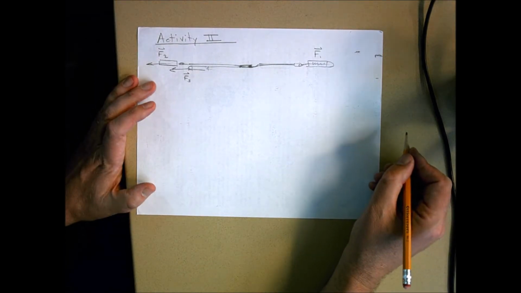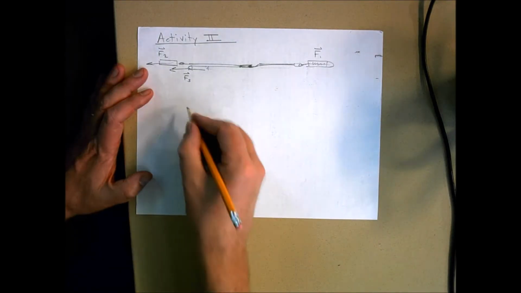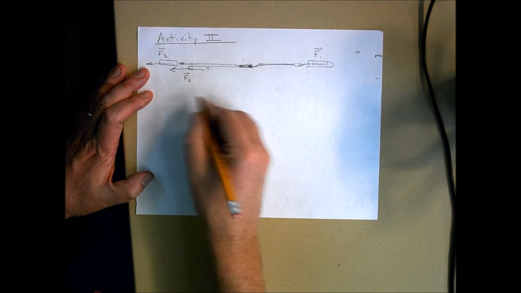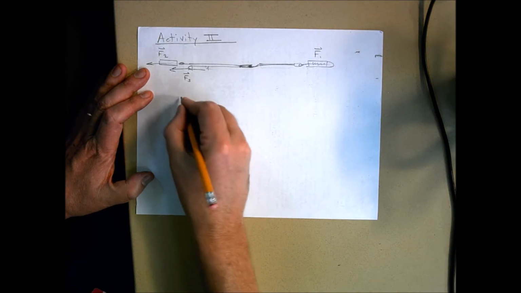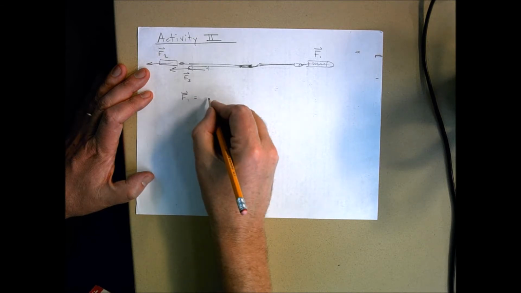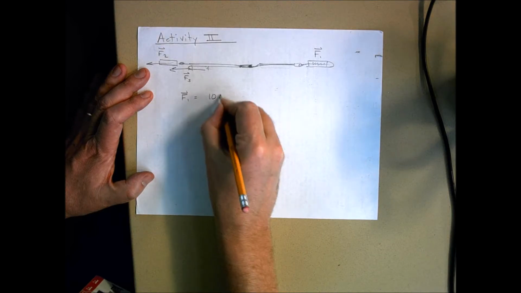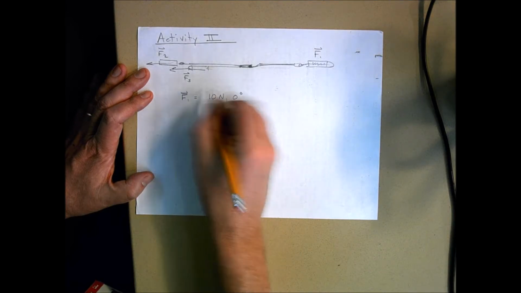Now, what I'm going to do for this one, we're only going to do one set because this is going to take a little bit of time. I'm going to say F1 is going to be equal to 10 newtons at 0 degrees.